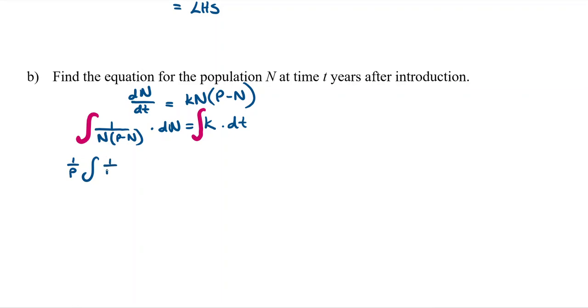Then we have 1/N plus 1/(P minus N) after my integral sign, integrated with respect to N, and on the right-hand side, I still need to integrate my k with respect to t. So we're ready to integrate.